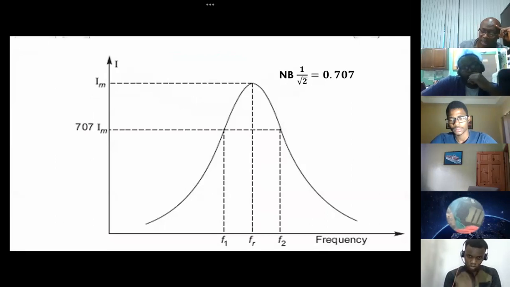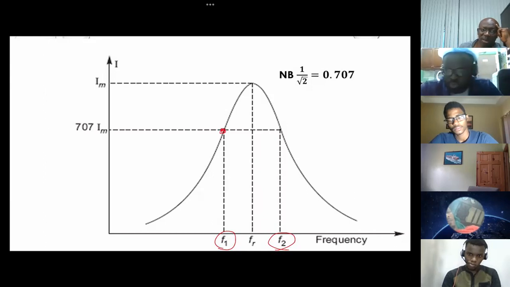So we have, at these frequencies, we're calling them frequency F1 and F2. At F1, R is equal to XL minus XC. At F2, R is equal to XL minus XC.